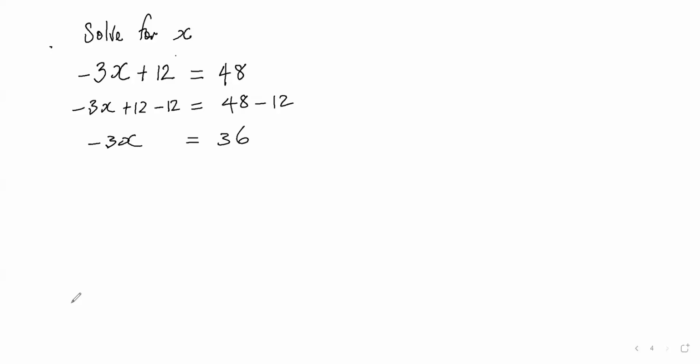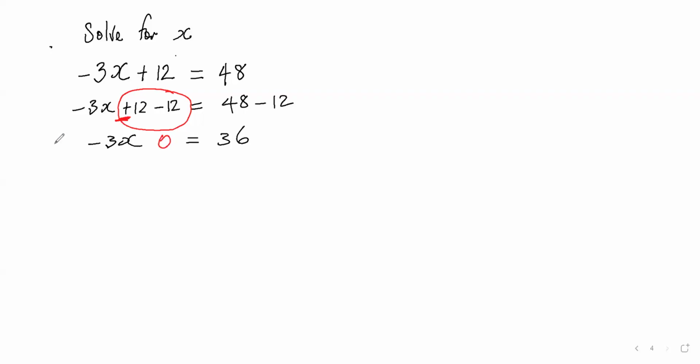So what we did, Analia, is that you didn't have your plus sign here. So you put in your plus sign. That's the first thing. And what is plus 12 minus 12, Analia? 0.